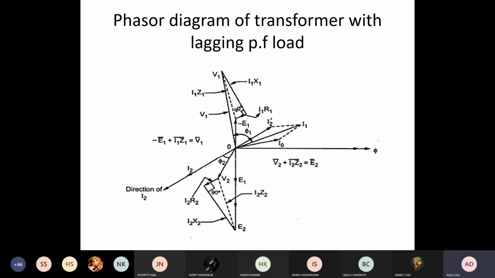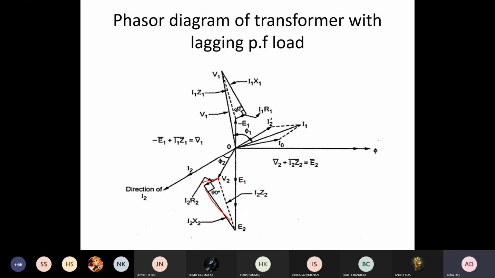Once you have V2, then add the I2 R2 drop, and then j I2 X2, that means I2 Z2, which will give you E2. And once E2 is known, you can get E1 when you know the N2 by N1 ratio. N1 by N2 will be less than 1 here as per the diagram. So you get your E1.